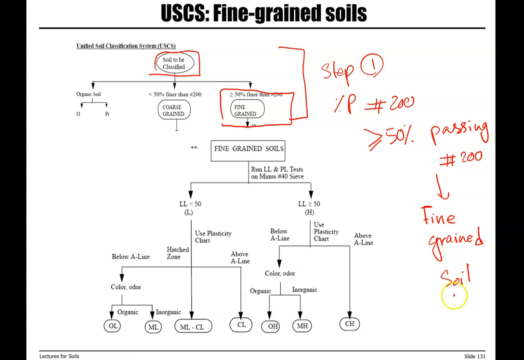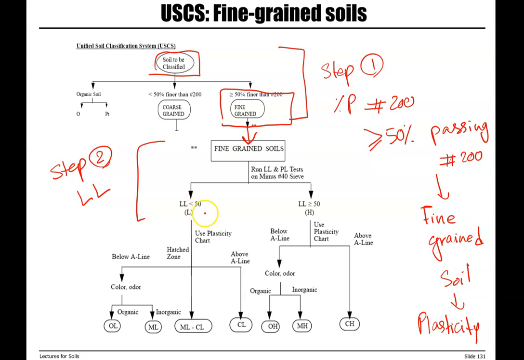When we have a fine grained soil, what is important for us is the plasticity of soil. So in order to evaluate plasticity of soil, we need to look at liquid limit. So step 2, when we have a fine grained soil, is to look at the liquid limit of that soil.